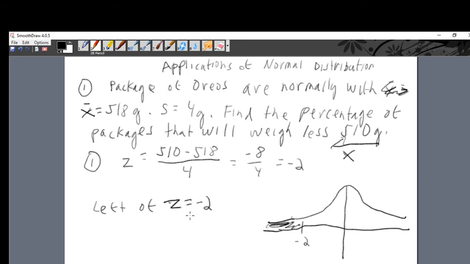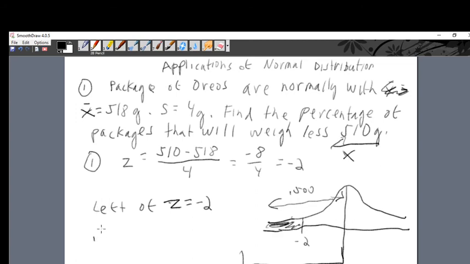How much is this? We talked about this exact case. How much is this worth? This is worth 0.500, right? So this whole thing is worth 0.500 right here. We don't want this whole thing. We just want this piece. So we have to subtract out this piece.